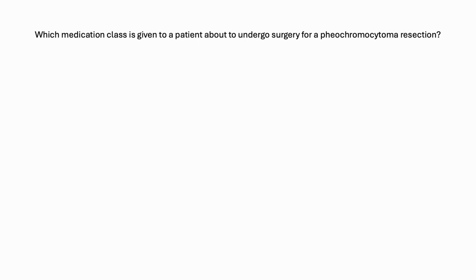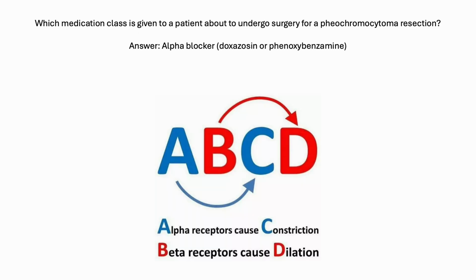Which medication class is given to a patient about to undergo surgery for a pheochromocytoma resection? So we're going to do an alpha blocker. We can either use doxazosin or phenoxybenzamine.